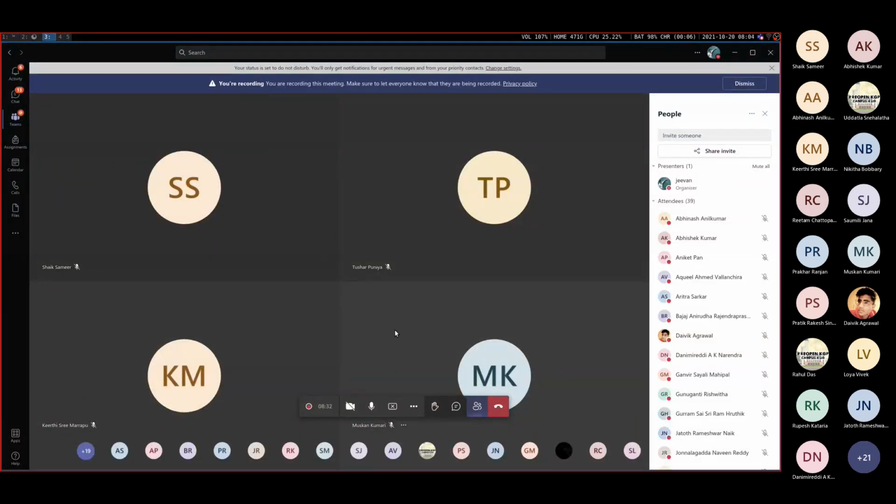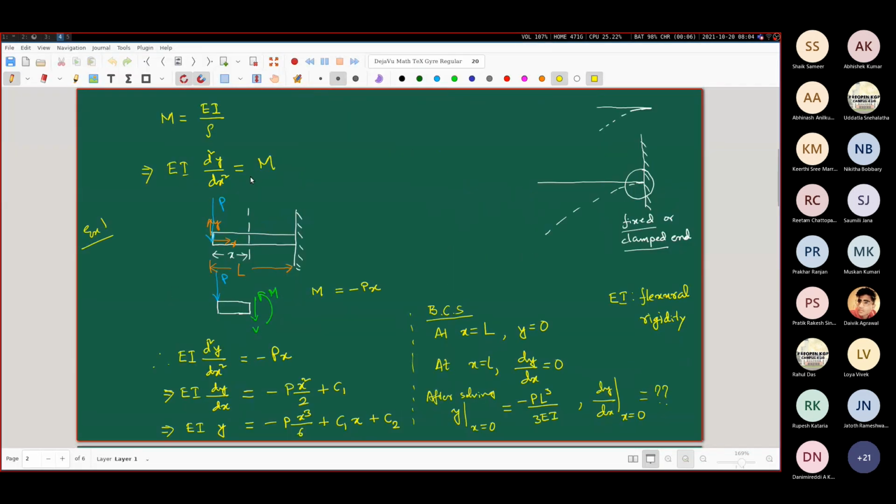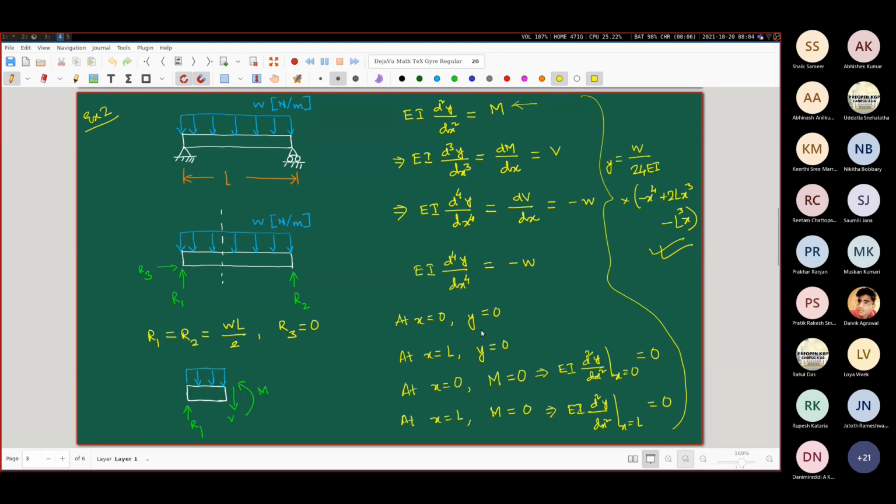All right. So in the previous class, I had started discussions on these very straightforward examples. First, starting with this cantilever beam under a tip loading, and then I had moved on to this simply supported beam, which is under uniformly distributed load.